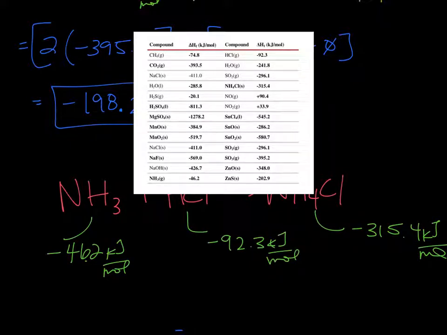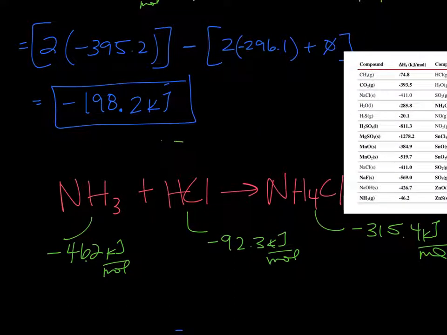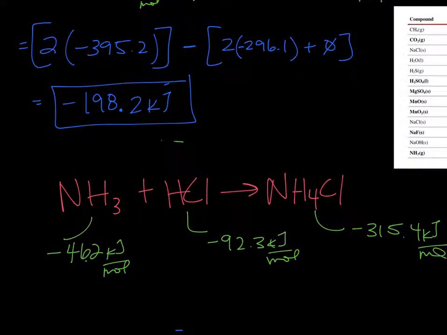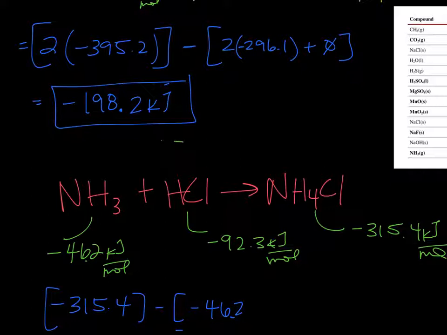So I'm going to take my products and add them together and subtract from the reactants. Now, in this particular reaction, all of these are 1. So we don't have to really multiply it by the coefficients because we've only got 1 mole of each. So I'm going to get negative 315.4 minus, products minus reactants, minus 46.2 plus negative 92.3.